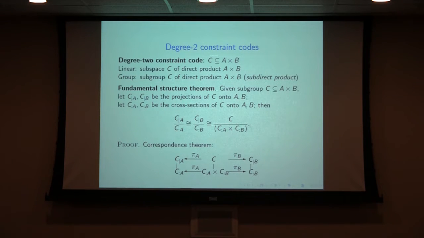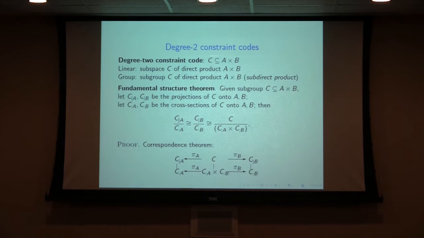I'm not going to prove this. It's a simple proof using the correspondence theorem that Sasha will have seen by the time I finish saying this. The theorem is if I have such a subdirect product and I project C onto A and B, getting the projections, and let these be the cross sections onto A and B, then these three quotient groups are isomorphic.